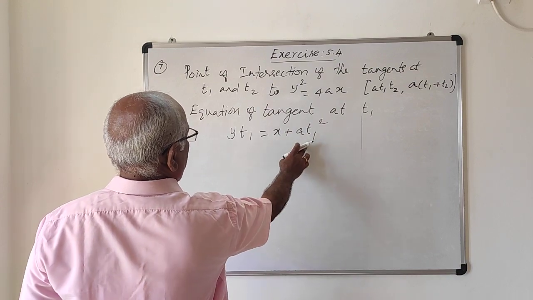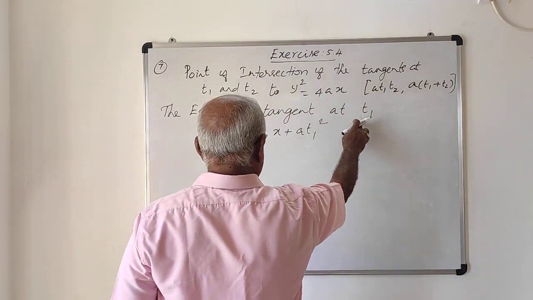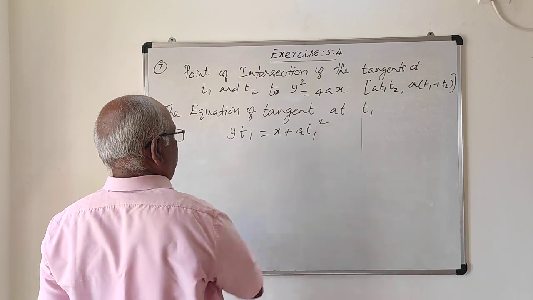Yt equal to x plus at square is the tangent at t. Now the tangent at t1 is y t1 equal to x plus a t1 square.